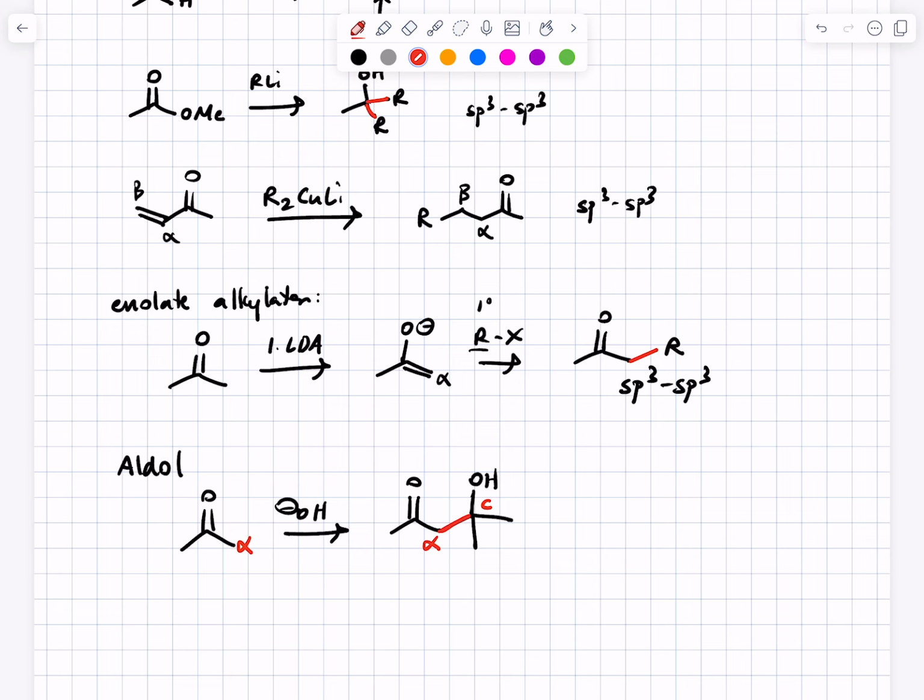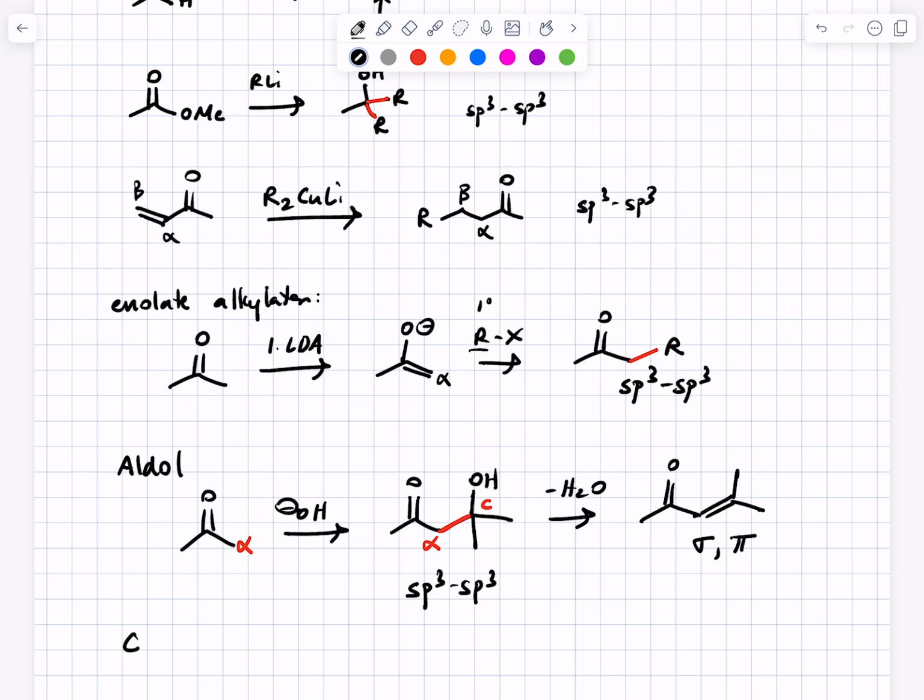And again, that new bond that you made is a bond between sp3 carbons. Though if you do the dehydration step afterwards, you've known that you could also make both the sigma and the pi bonds. Okay, so that was the aldol reaction, and there's some other versions of that.